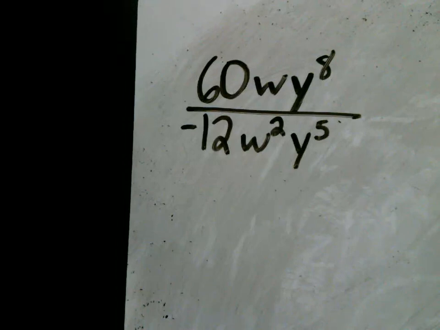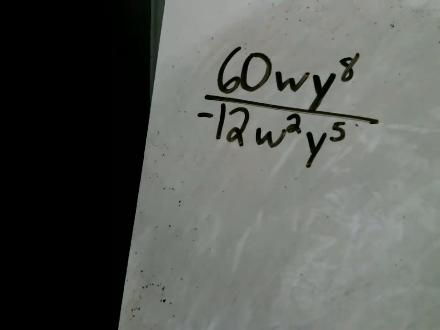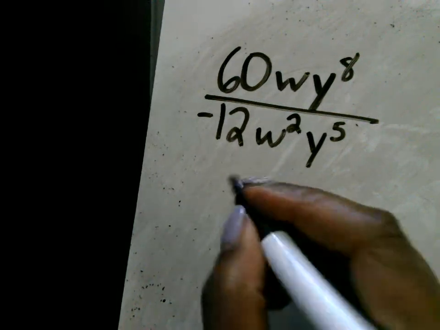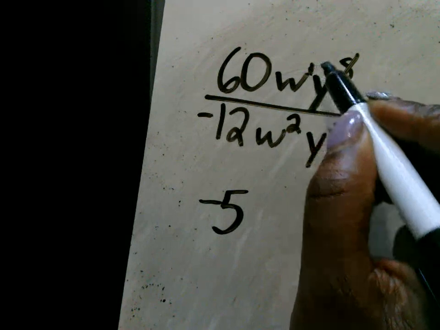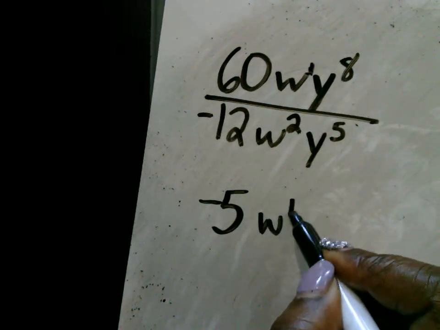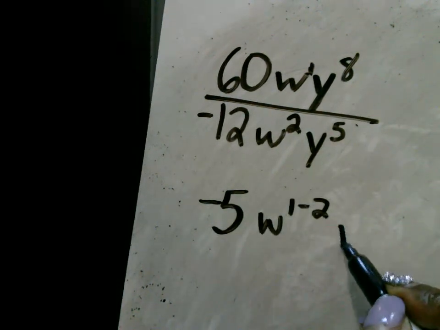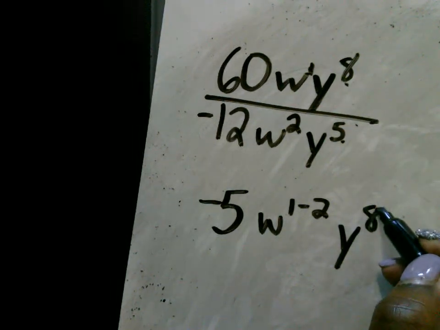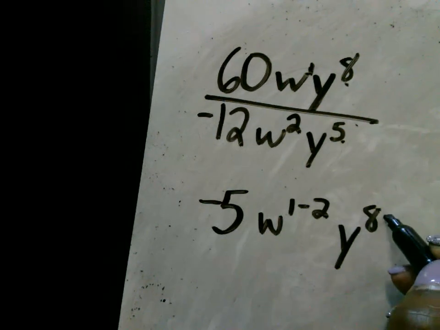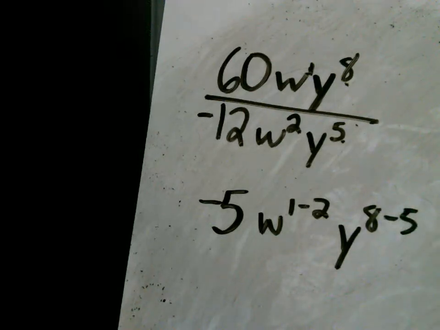All right, this one is much better. Nathaniel, did you get this one? Okay. All right, so what's 60 divided by a negative 12? Negative 5. So now, top exponent minus bottom exponent. That's 1 minus 2. Top exponent minus bottom exponent. 8 minus 5.